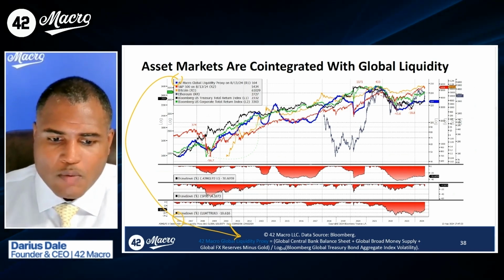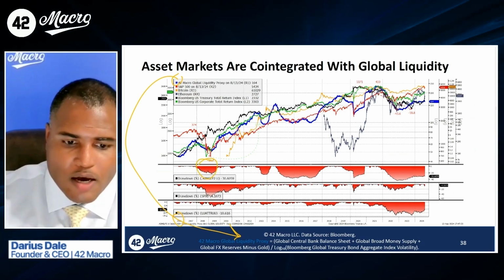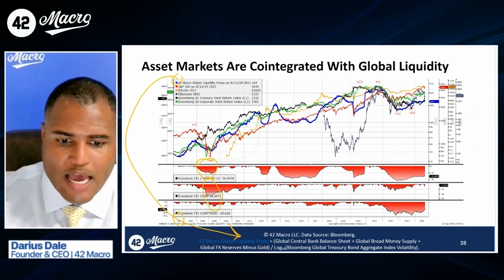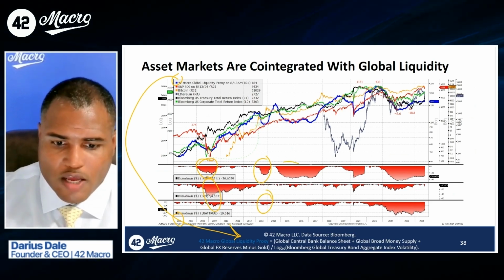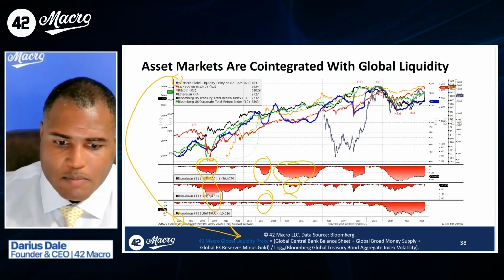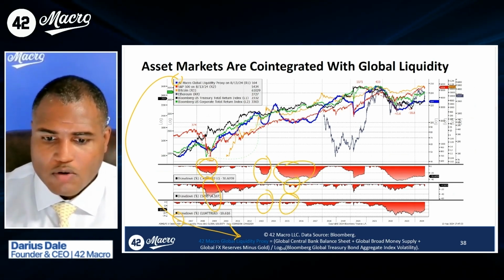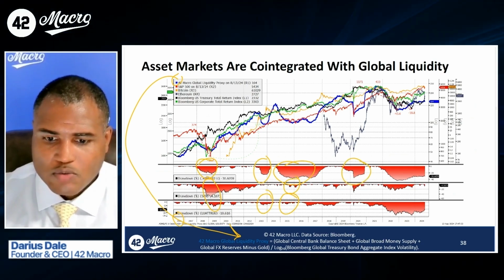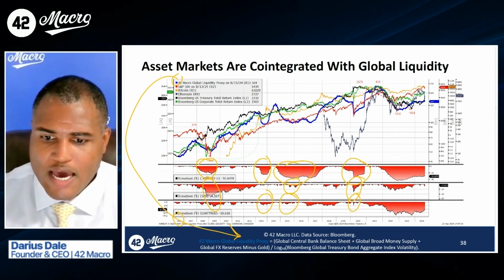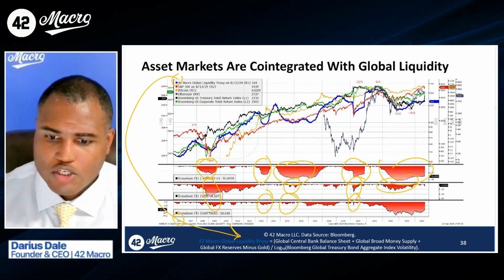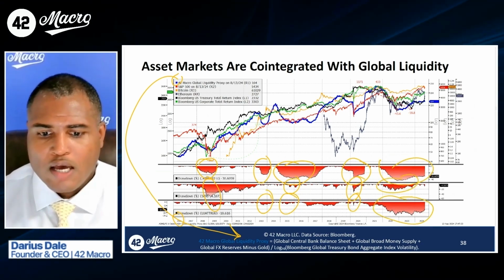And as you can see, when you see drawdowns in liquidity here, you tend to have drawdowns in asset markets. Drawdown in liquidity in 2013, you had a drawdown in the bond market. Drawdown in liquidity in 2015-16, you had a drawdown in both the stock and bond markets. Drawdown in liquidity in 2019-2020, obviously a big drawdown in both the stock and bond markets, at least the bond market temporarily, and then obviously a big drawdown in liquidity in 2022, which led to a significant drawdown in both the stock and bond markets.